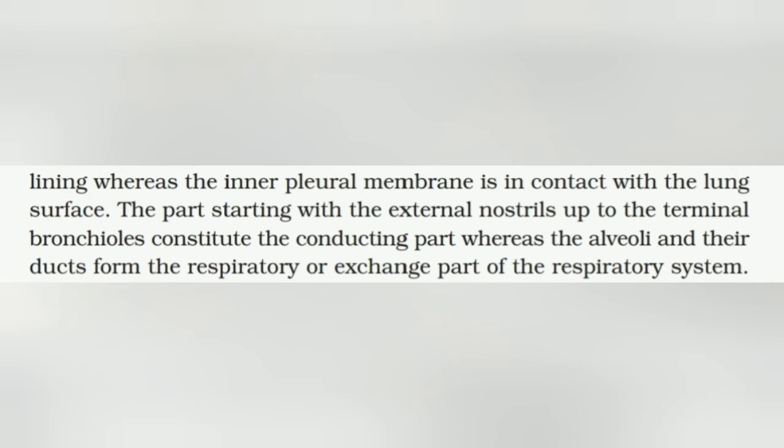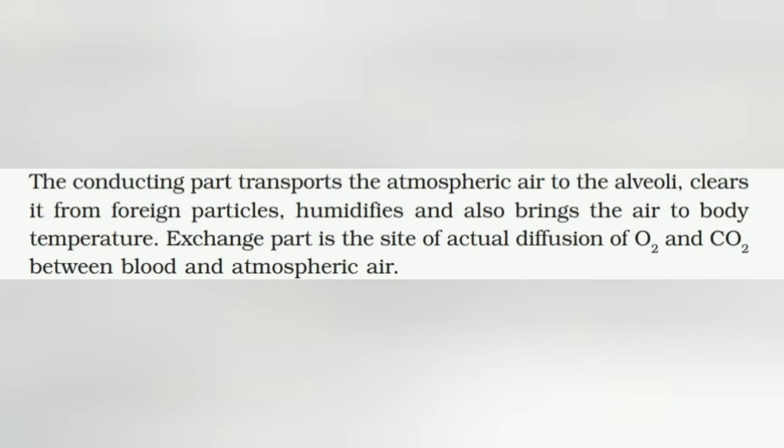Conducting means only useful for transport, whereas the alveoli and their ducts form the respiratory or exchange part of the respiratory system. Alveoli and their ducts are the main site of exchange of gases. The conducting part transports the atmospheric air to alveoli and clears it from foreign particles.